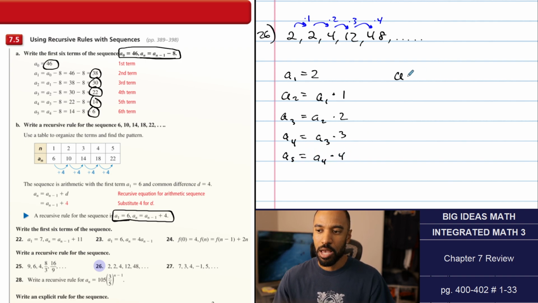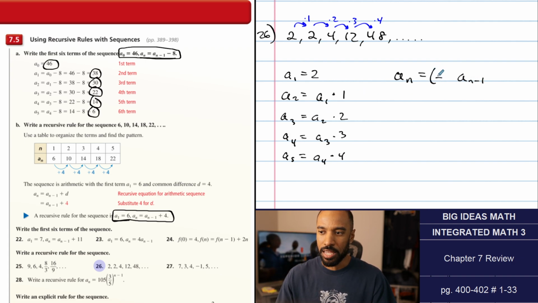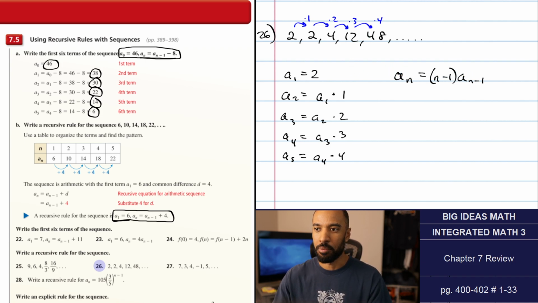So some a sub n is taking the previous term and multiplying by the quantity that would represent the previous term. That n, but minus 1. So this would be a version that you could write. And by the way, a sub 1 was 2. So let me just move that closer to it.